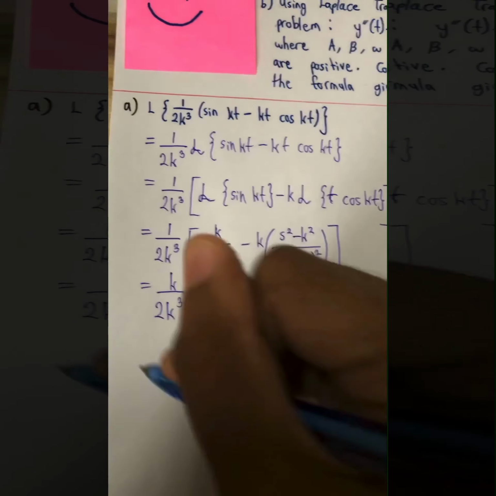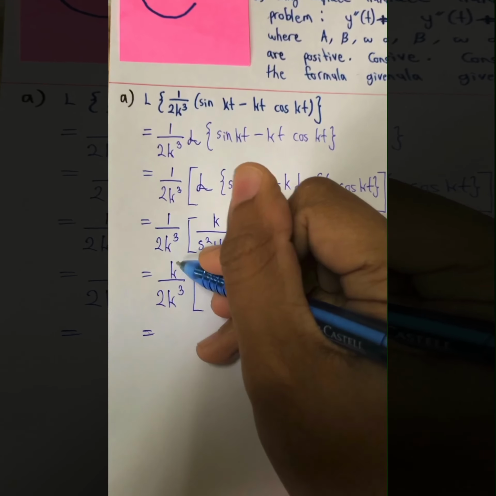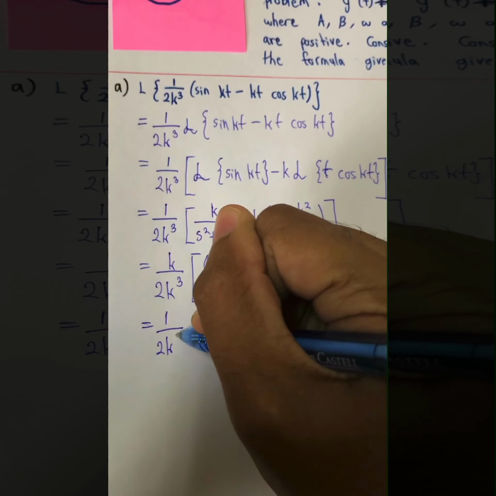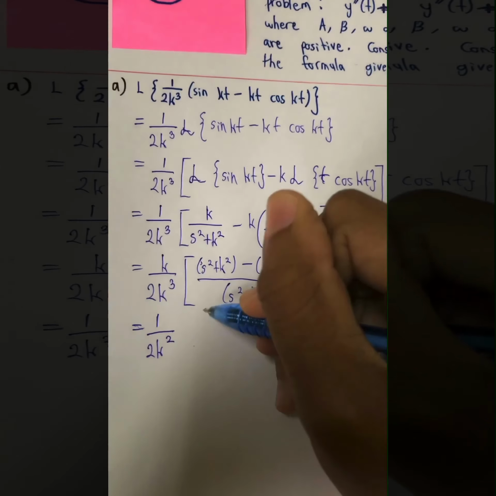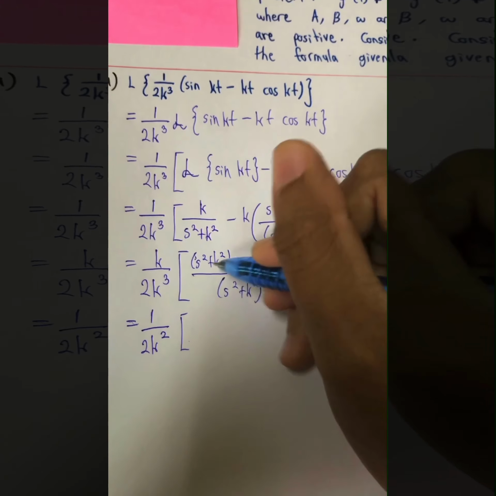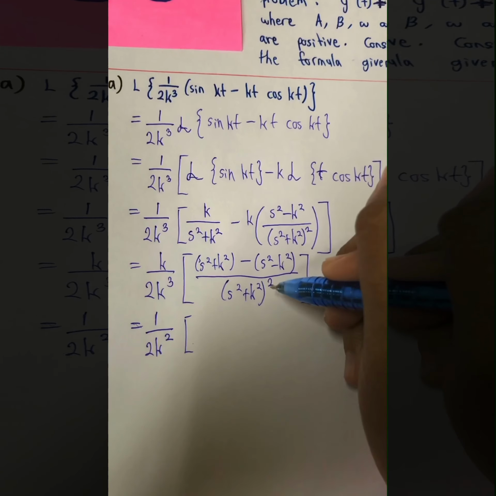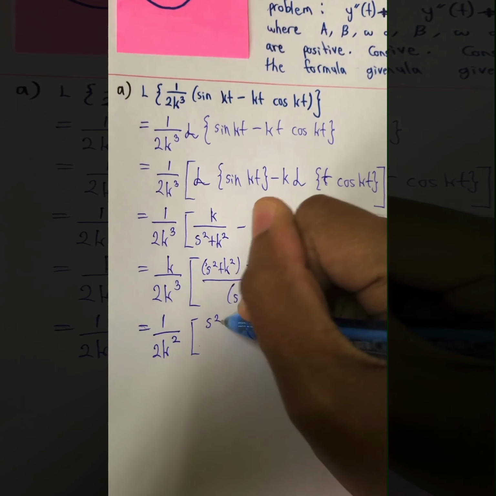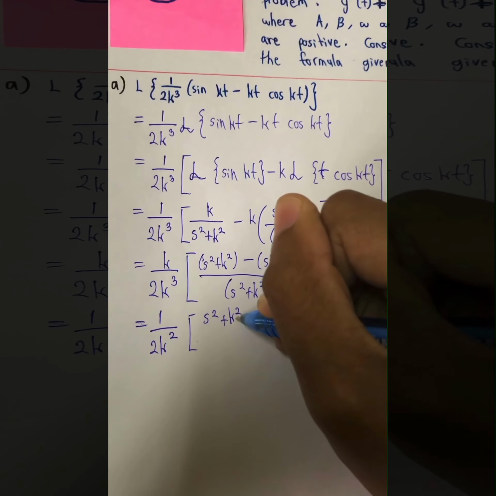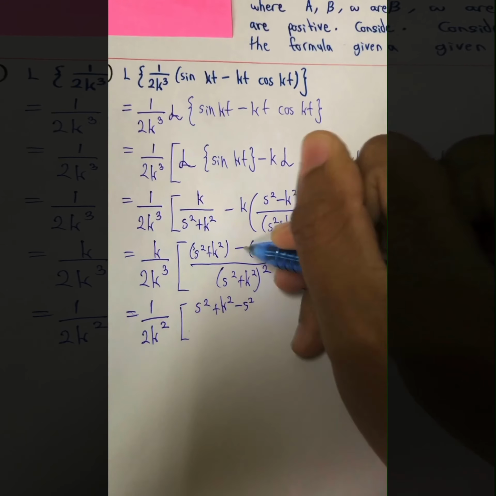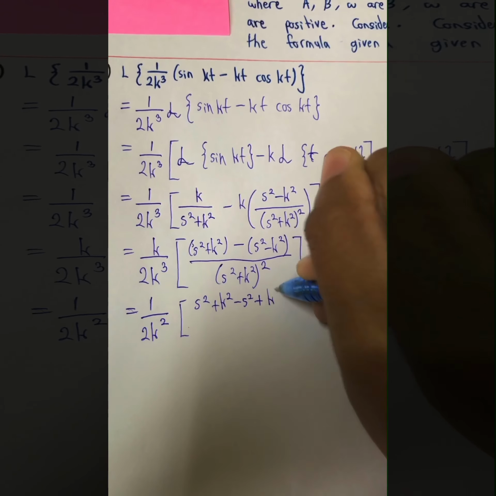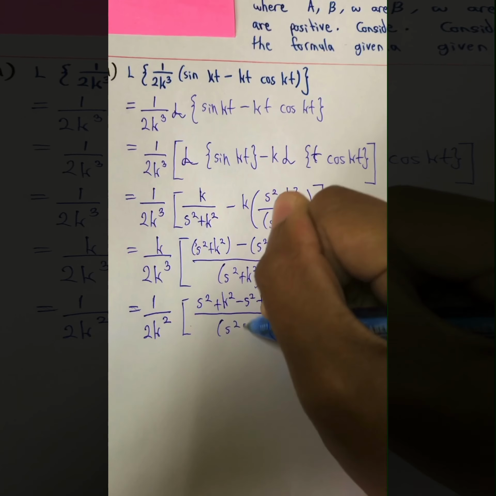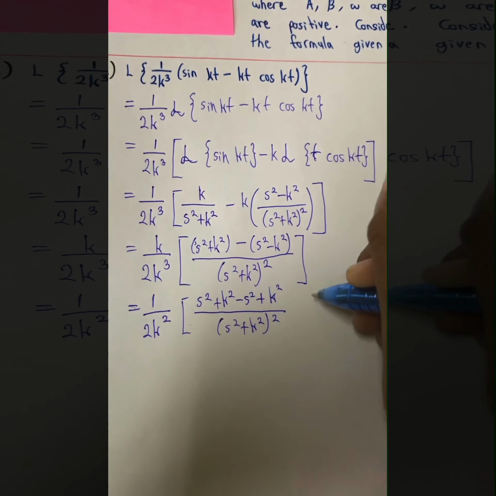So we simplify this. K we can cancel out, we get 1 over 2k squared, then s minus s gives 0, and here I just rewrite it: s square plus k square minus s square plus k square, over (s square plus k square) squared.